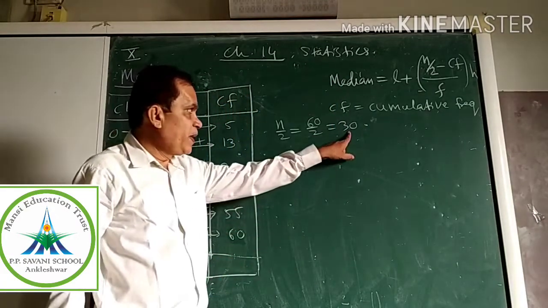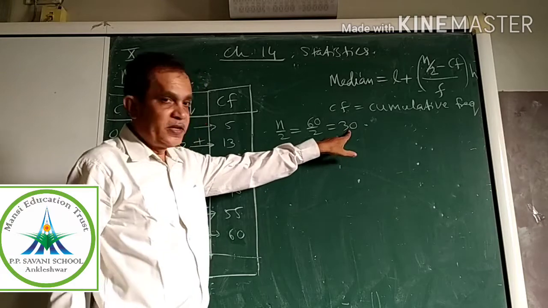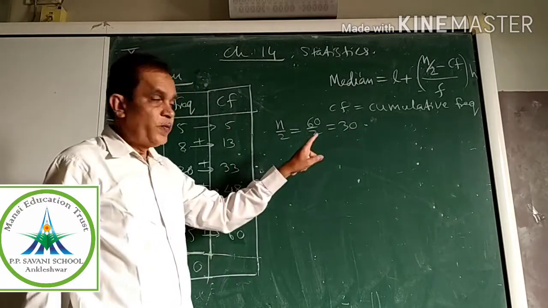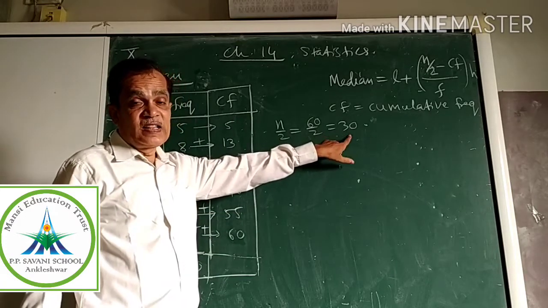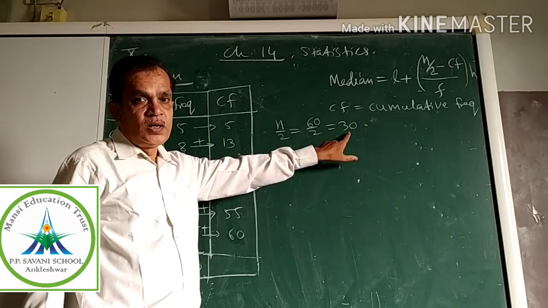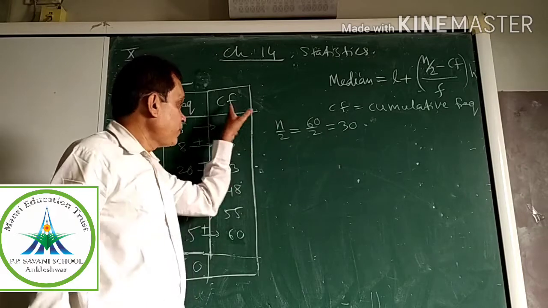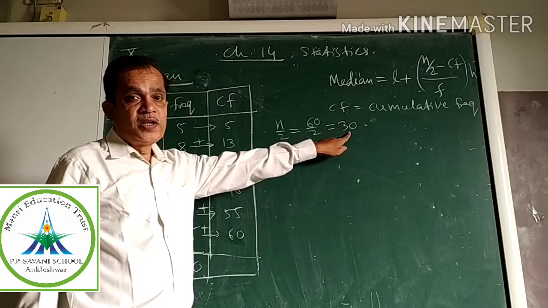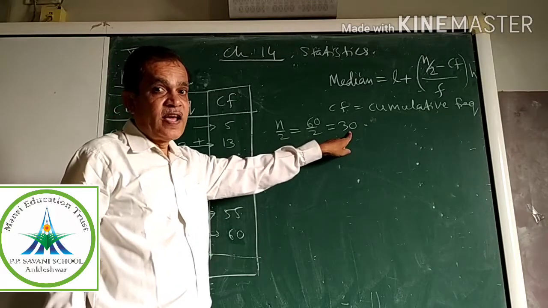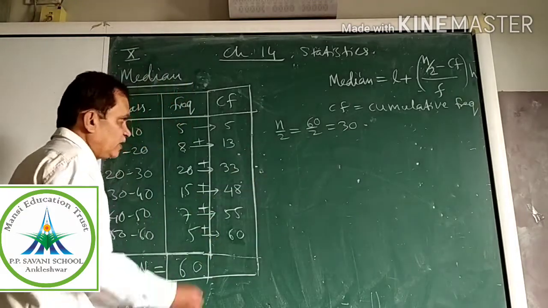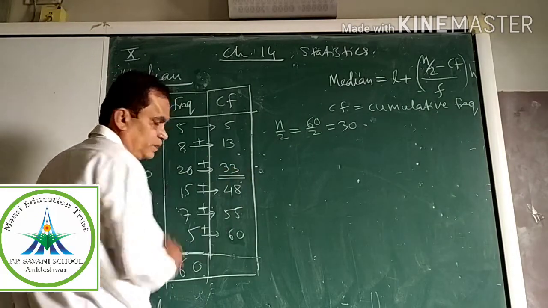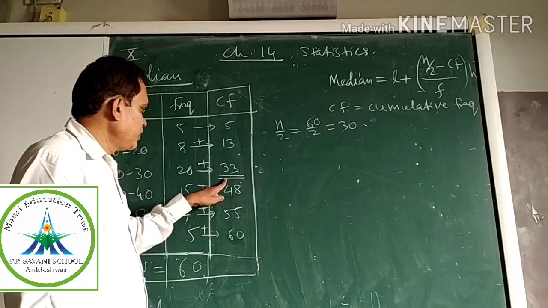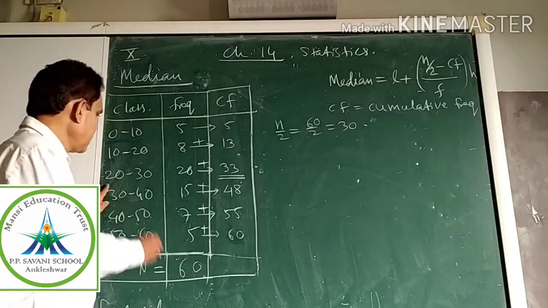After finding N by 2, now go to the cumulative frequency column and see which CF is slightly greater than 30. This CF gives us the median class.